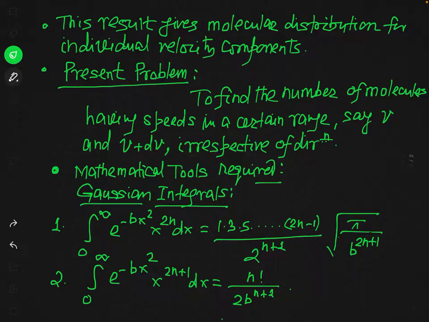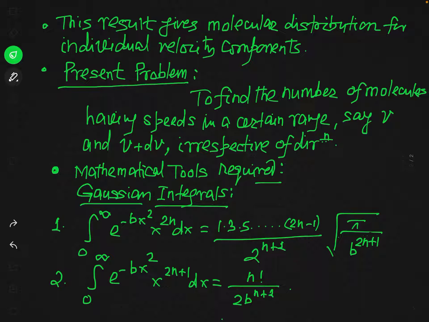We have assumed that the velocity component in the x direction lies between Vx and Vx plus dVx, in the y direction between Vy and Vy plus dVy, and in the z direction between Vz and Vz plus dVz.